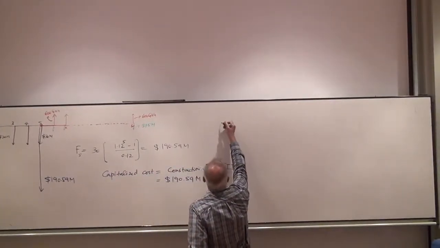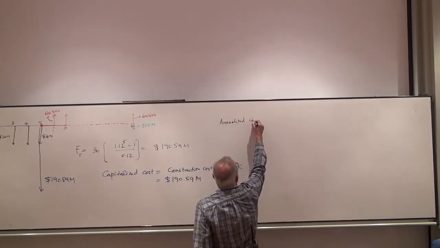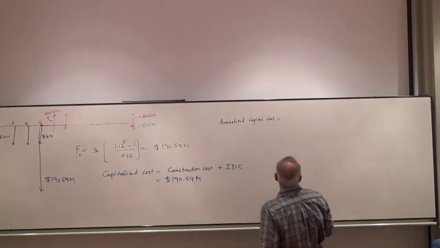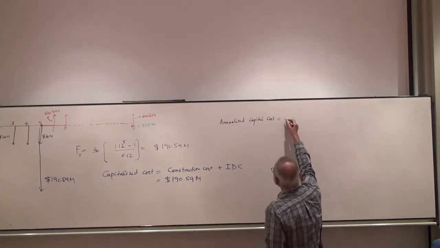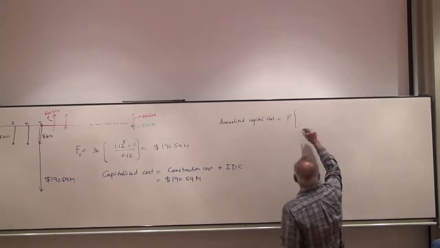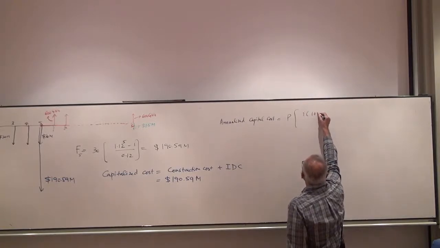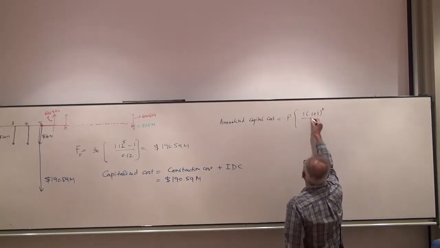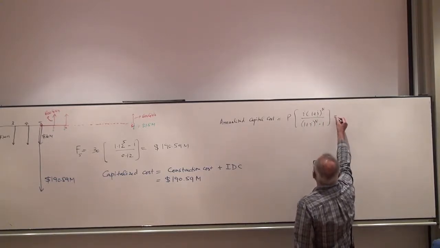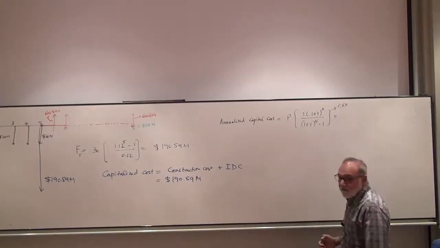So we have annualized capital cost is equal to the present value times the capital recovery factor. The capital recovery factor is i times (1 plus i) raised to power n, divided by (1 plus i) raised to power n minus 1. This is called CRF, capital recovery factor.